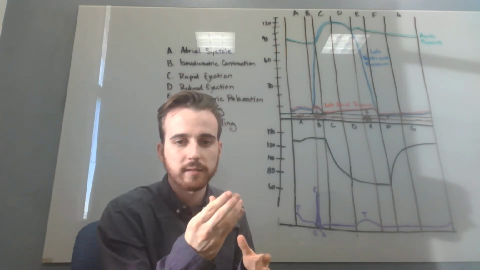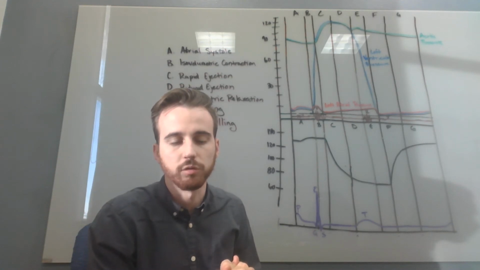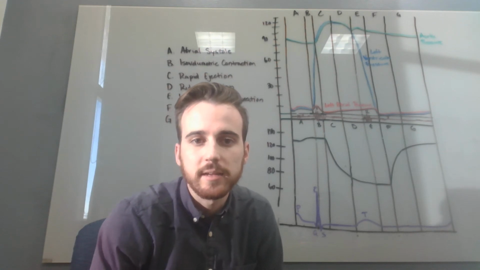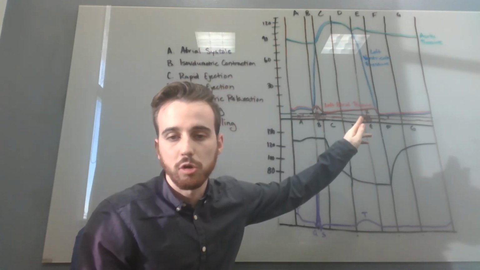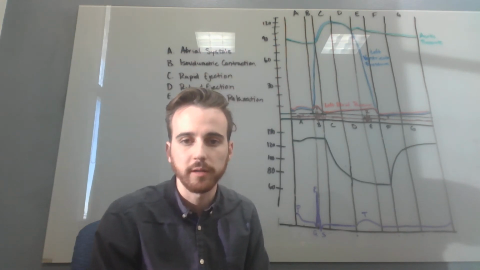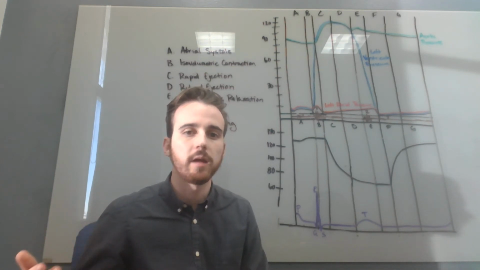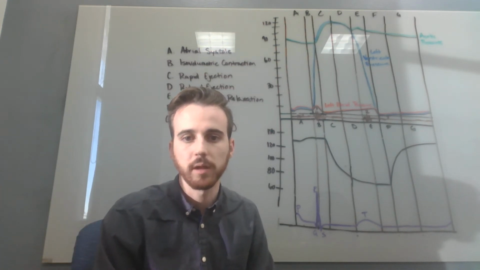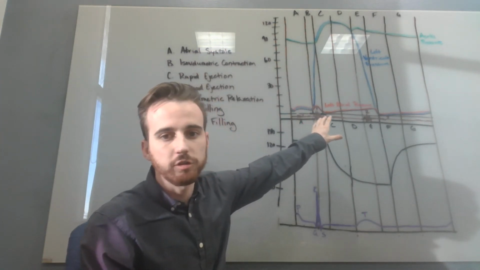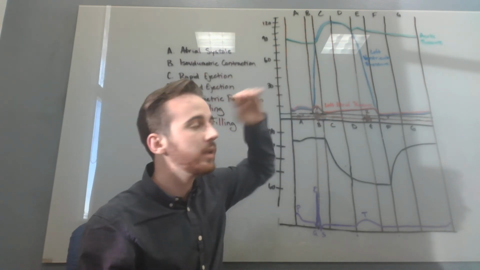So it's just contracting, increasing the pressure on the blood that's stored in the left ventricle until that pressure exceeds the pressure in the aorta. At that point, the aortic valve will open and blood will rush into the aorta. Now, our left ventricle isn't finished contracting yet. It's going to continue to contract, and that takes us into time course C.